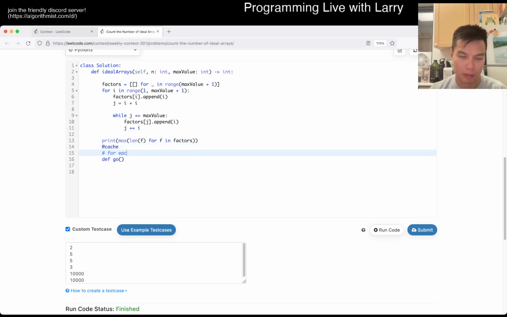For each number x, how many ways are there to have y distinct paths?